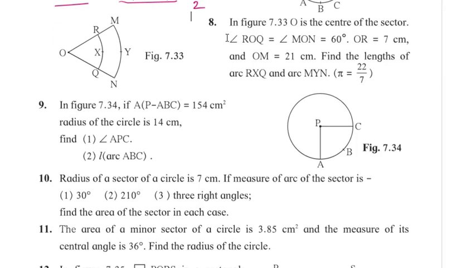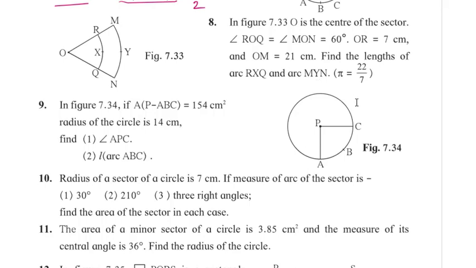Now if you see this problem 8, figure 7.33, O is the center of circle, angle ROQ is equal to angle MON, MON is equal to 60 degree. OR is 7, OM is 21. Find the length of arc RXQ and arc MYN.